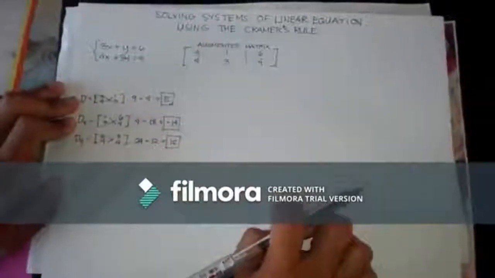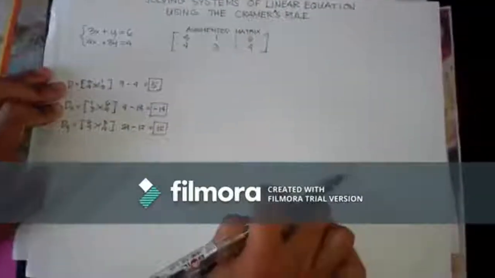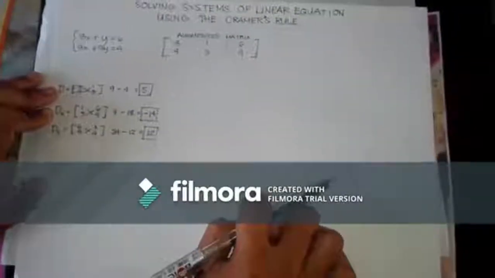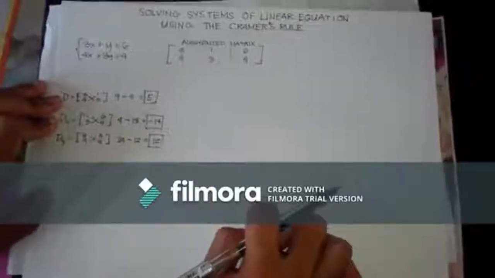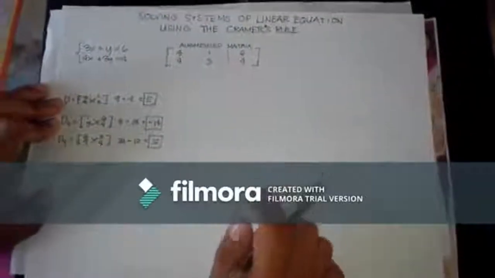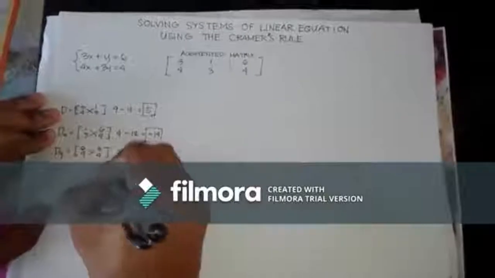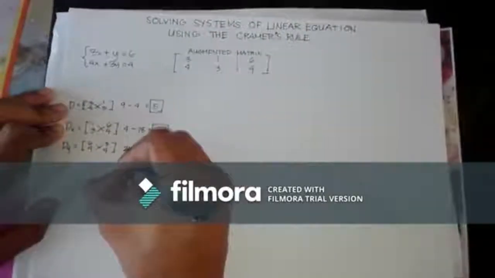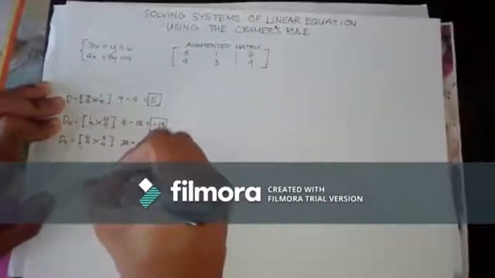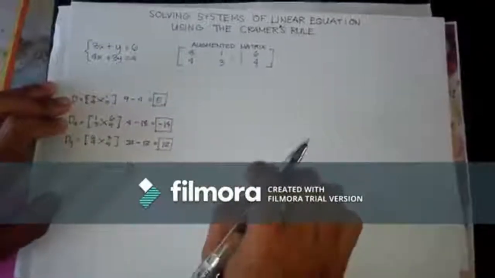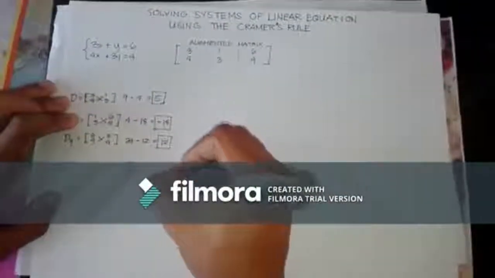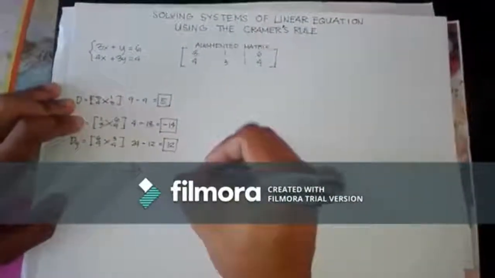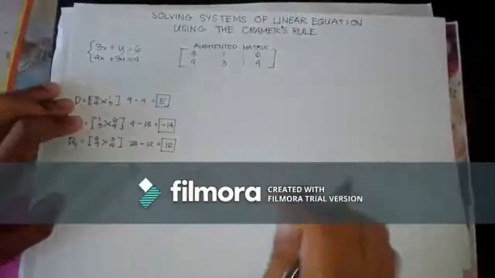So for us to find the value of x and y, we need to have a formula. The formula for x is x equals d sub x over d, and the formula for y is y equals d sub y over d.